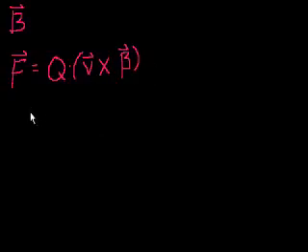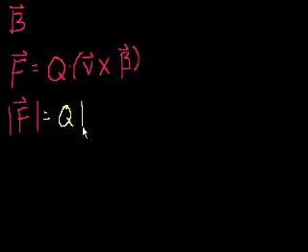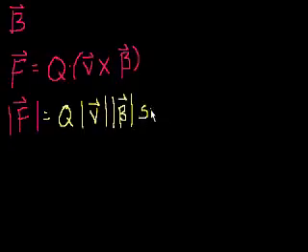So let's say, what's the magnitude of the force? The magnitude of the force, and I'm going to arbitrarily change colors, is equal to the magnitude of the charge, which is just a scalar quantity, times the magnitude of the velocity, times the magnitude of the field, times sine of the angle between them.